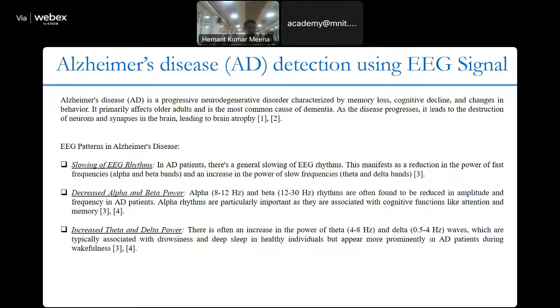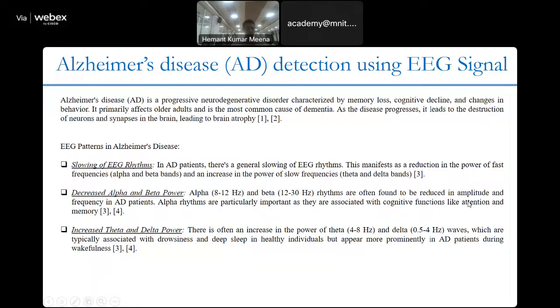Remember, if your alpha and beta are always decreasing, that is also not good. That is also a problem. Unless you are meditating all the time, that is a different story. Otherwise, slowing of EEG rhythms is not a good sign. Decreased alpha and beta power: alpha is, as we have already seen, 8 to 12 hertz, and beta is 12 to 30 hertz.